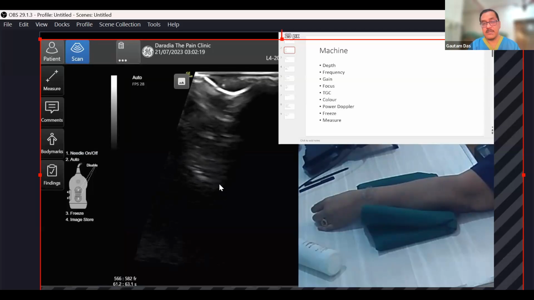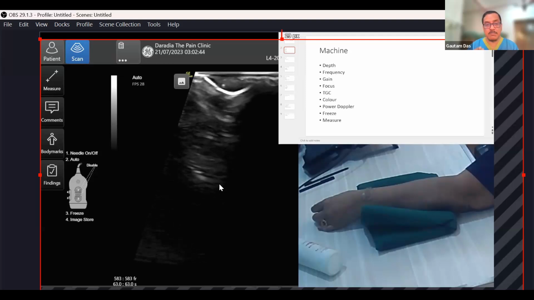Time gain you can understand, but why does time come in? Because the ultrasound machine works based on the time when the echo comes back. Based on that, the machine determines the depth. Things which come back very quickly are coming from the superficial structures, and if something comes a little later, that means it is coming from the deeper structures.